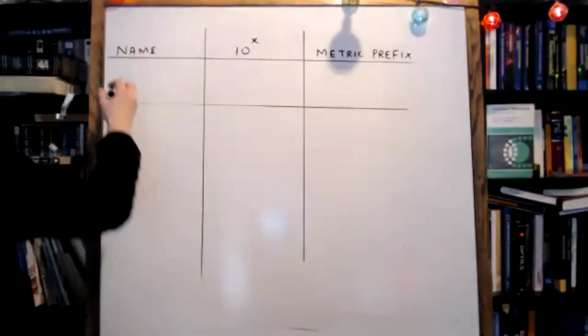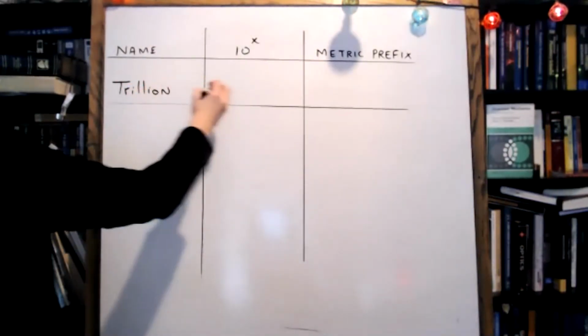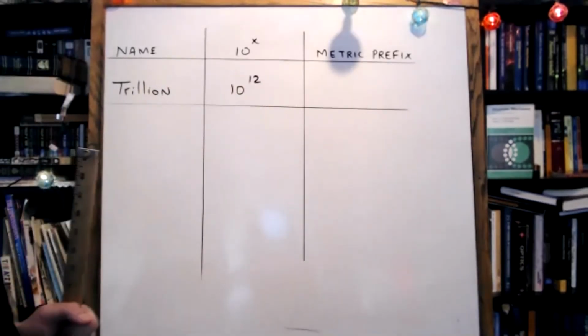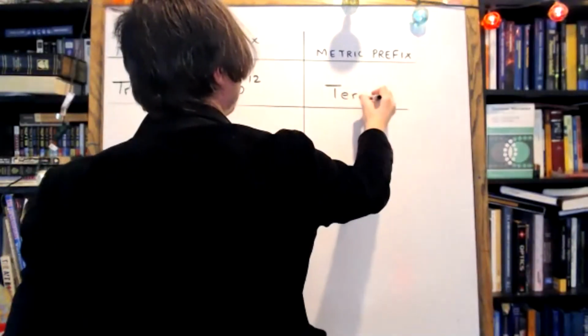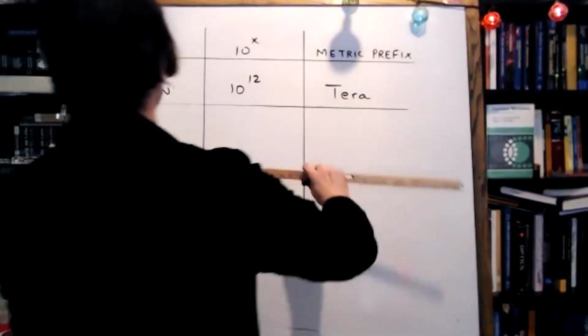You guys just learned about trillions. A trillion means 12 zeros, and the metric prefix for trillion is tera, as in a terabyte of hard drive space.